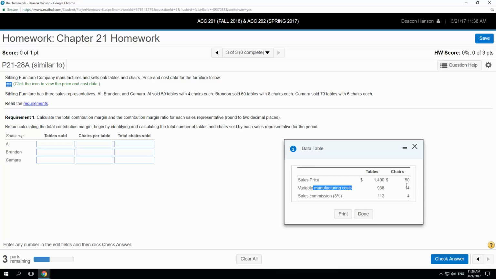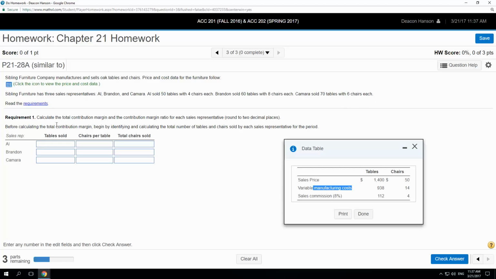Okay, so let's see what they want us to do. It says we got 3 sales representatives, so they have a table here, and they got the sales representatives down the left: Al, Brandon, and Kamara, and they say what each of them sold. Al sold 50 tables and 4 chairs. Brandon sold 60 tables and 8 chairs. Kamara sold 70 tables and 6 chairs.